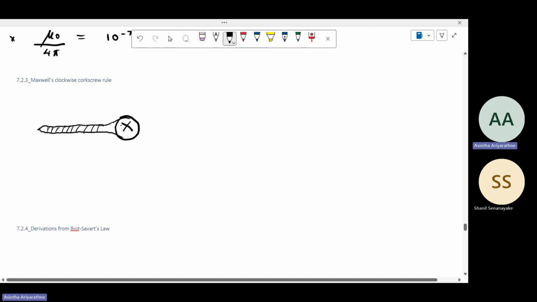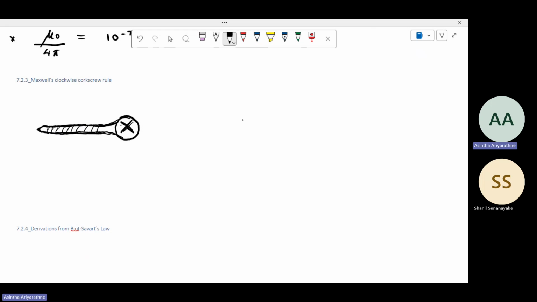This is the Maxwell clockwise corkscrew rule. This is a typical screw, right? You have to insert this screw in the direction of the current.